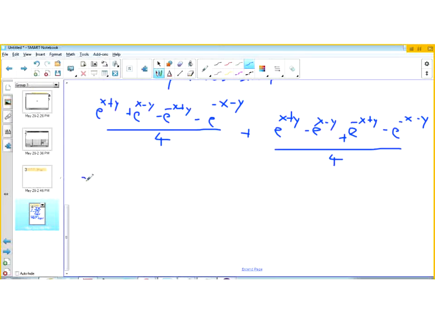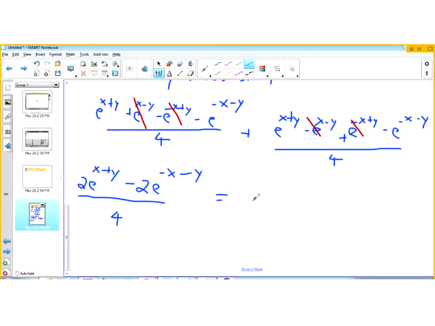We can add the numerators, so that would be 2 times e to the x plus y. Okay, let's see, this term will cancel, and this term will cancel, and then we're left with minus 2 times e to the minus x minus y over 4.